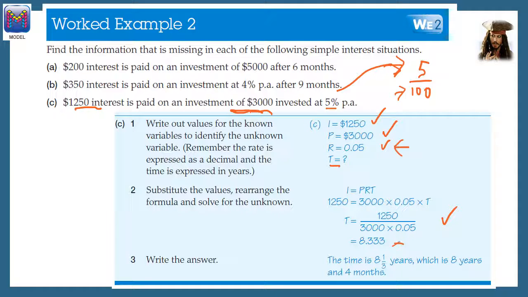We worked it out to 8.33, and that is a time in years, 8.33 years. Now if you want to work that out, you can work it out to 8 years and 4 months, because it's 0.333 of a year. 0.333 of a year times 12 months in a year gives you 4 months.